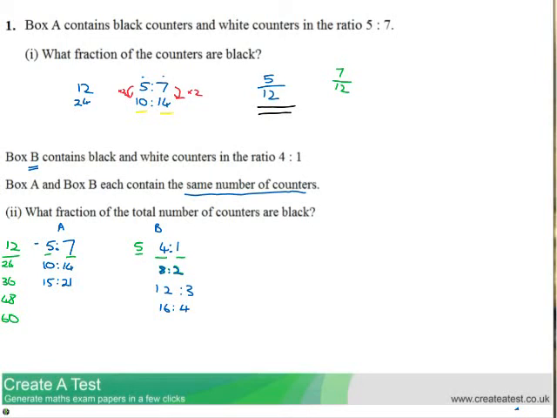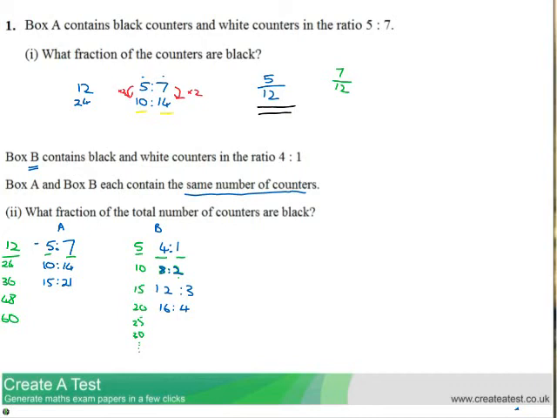Now if we put the numbers down the side here, we'll get there's 10 counters there, there's 8 black and there are 2 white. We've got 15 counters here and we've got 20 counters in, and what we're writing out here are multiples of 5. So if we keep on going, multiples of 5, 25, 30, etc, etc.